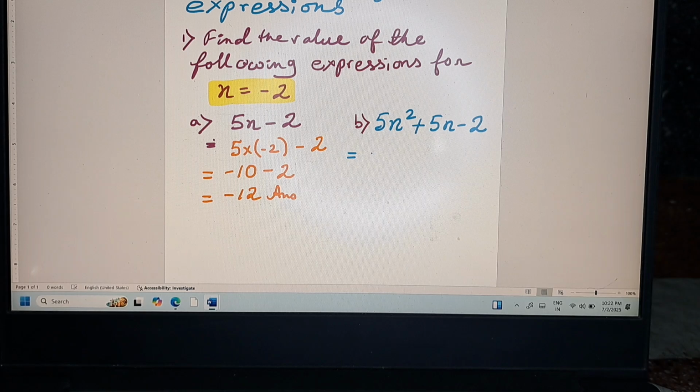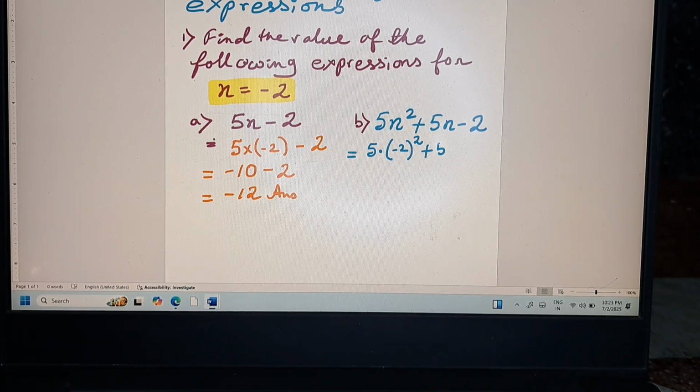Let us substitute the value of n, which is given as minus 2. So we put 5, and in algebra we put a dot which represents the multiplication sign, in bracket minus 2 to the power 2, plus 5, again a multiplication sign, in bracket minus 2, and here minus 2 again as per the expression given.